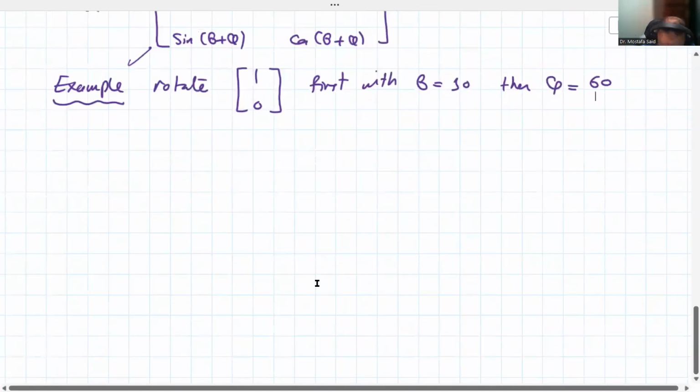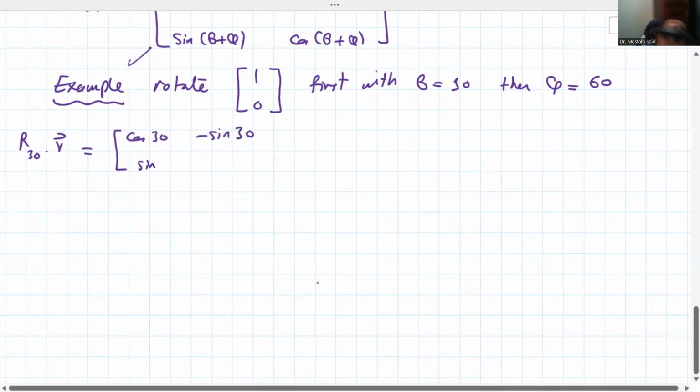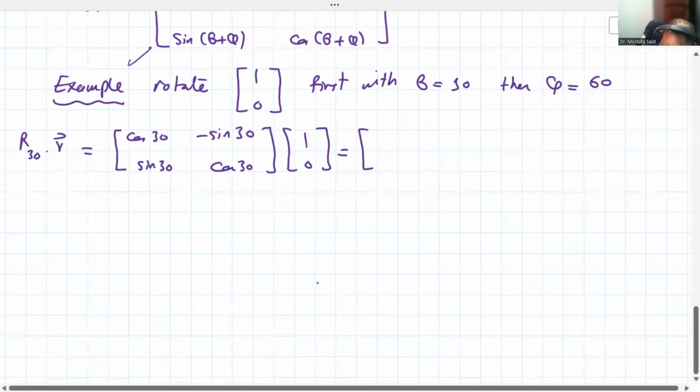Okay. So first, we're gonna multiply R30 with the vector. So cosine 30, minus sine 30, sine 30, cosine 30. We're gonna multiply this by 1, 0. Okay. So cosine 30 is, I believe, square root of 3 over 2. Sine 30 is half.